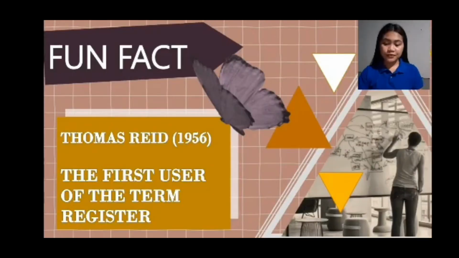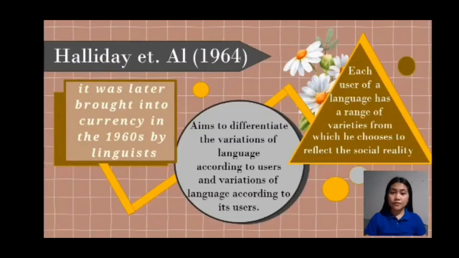Thomas Reed, 1956. He is the first user of the term register, because he wanted to distinguish among varieties of language and how they are used. Halliday et al., 1964. It was later brought into currency in the 1960s by linguists.